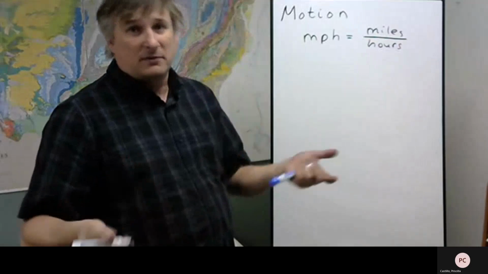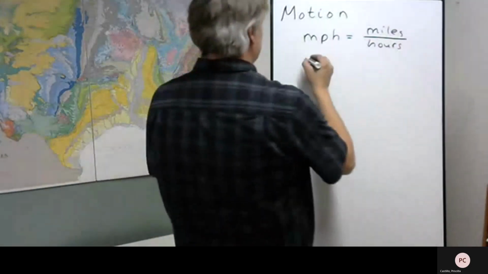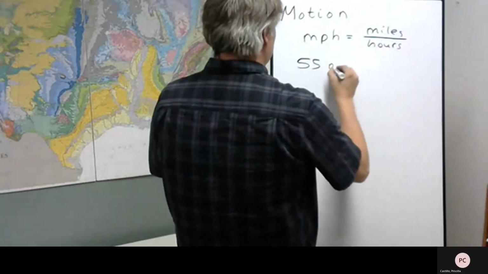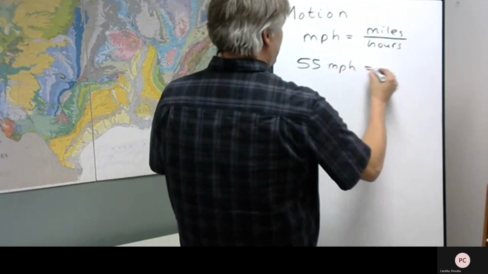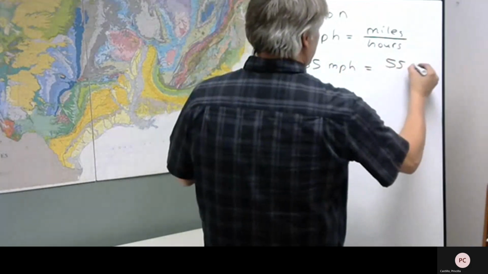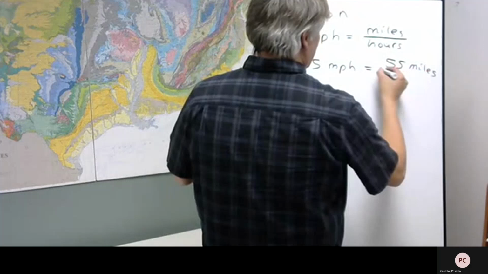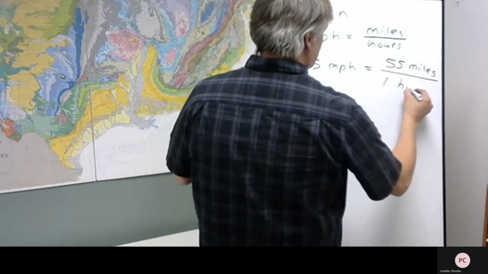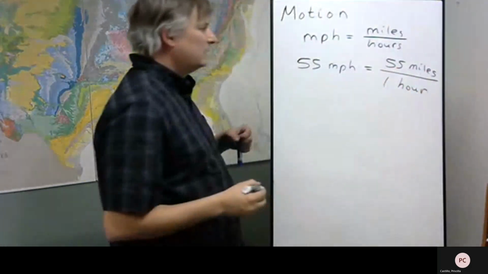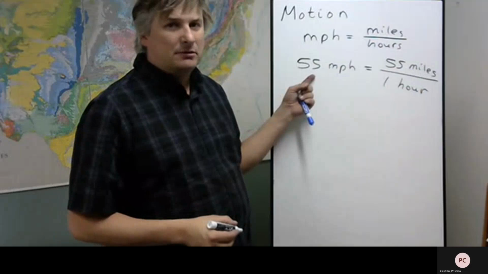So if you drive 55 miles per hour, well, that means you're doing 55 miles in 1 hour. Now, this is called a rate.